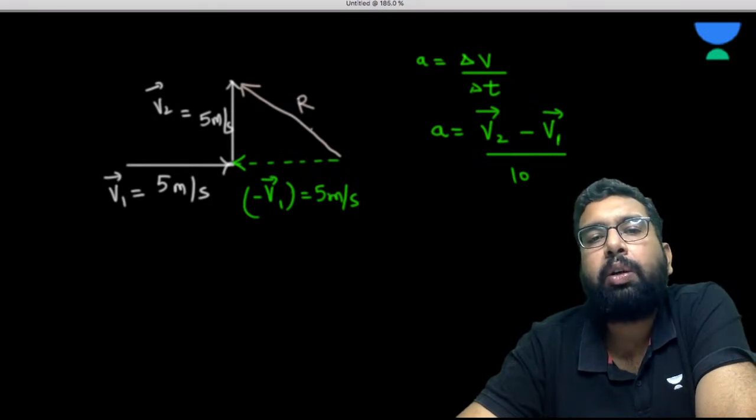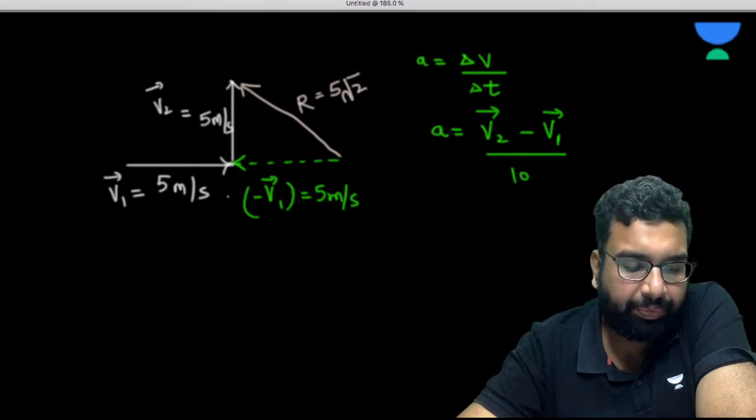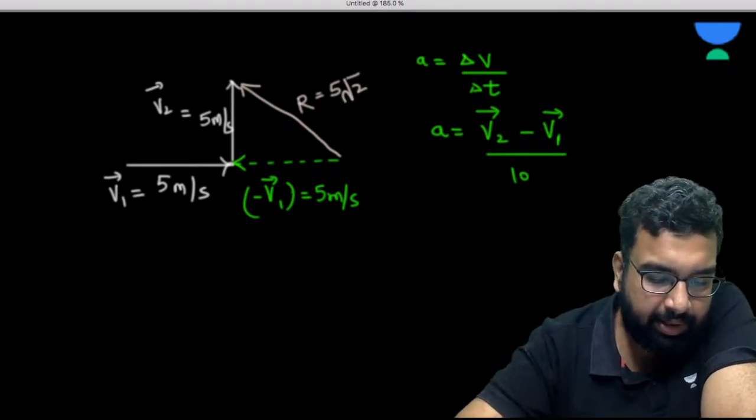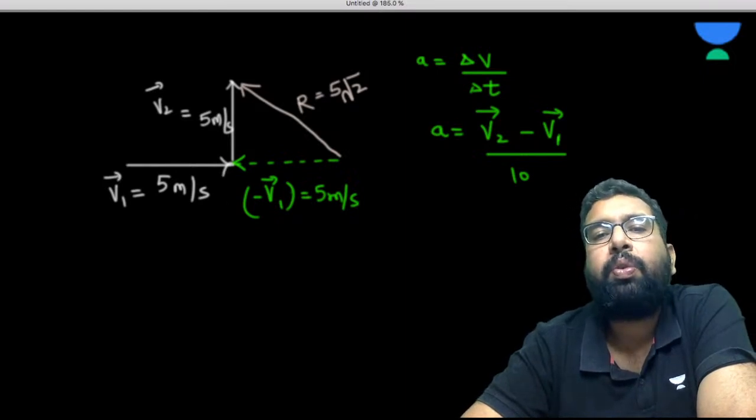This is going to be the direction of the resultant. And see, this is a 90-degree triangle. Both these are equal, so it is going to be equal to 5 root 2. We have sorted this previously also. You got it yesterday. So this is going to be 5 root 2.